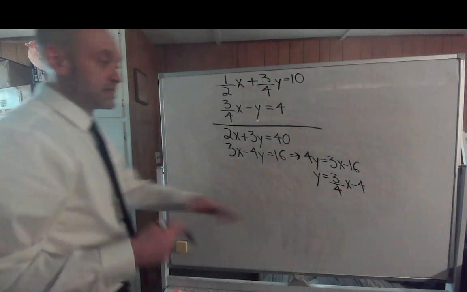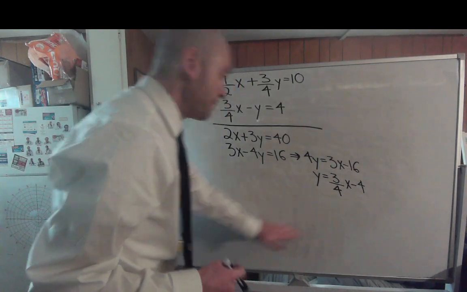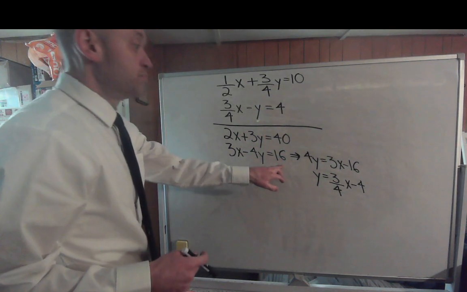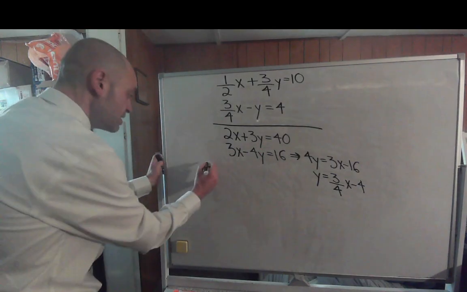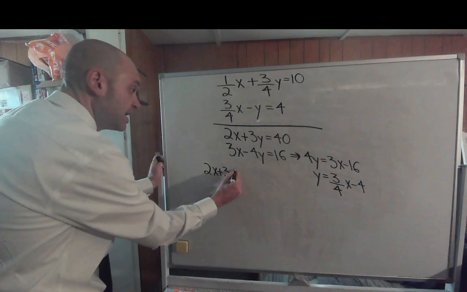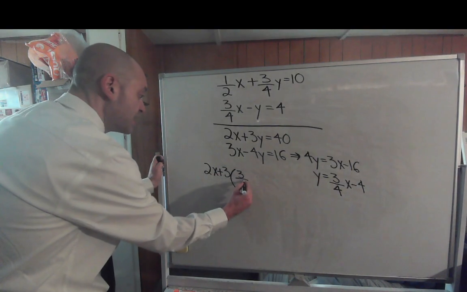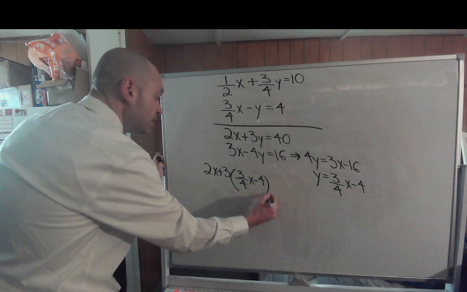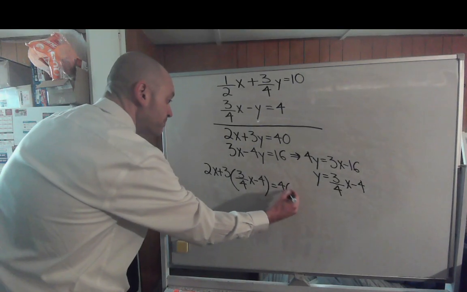Alright, now we got a substitution value for y. Since we derived from the second equation, let's put that into the first. So this would be 2x plus 3 times that 3/4 x minus 4 equals 40.